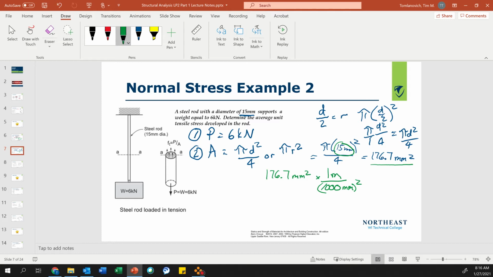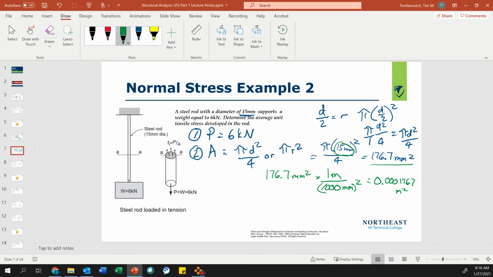176.7 divided by 1,000 squared, and I get 0.000171767 meters squared. Metric's a little tricky.